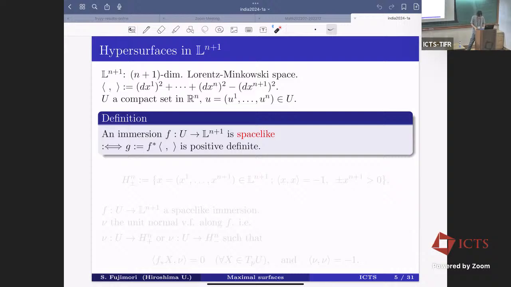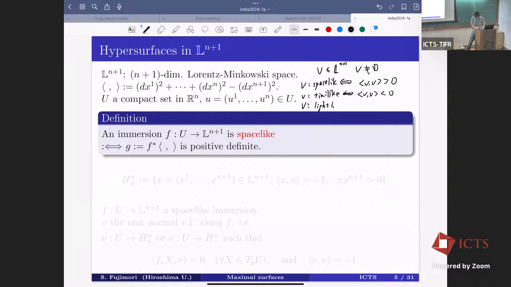A non-zero vector v in L^{n+1} is called space-like if the inner product of v with v is positive, and time-like if and only if the inner product of v with v is negative, and v is light-like if the inner product of v with v equals 0.